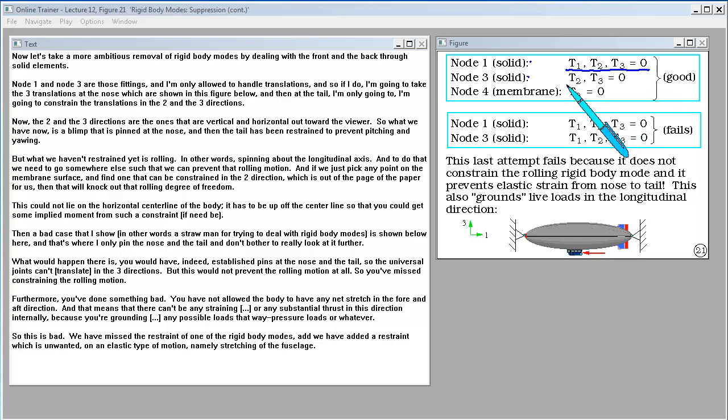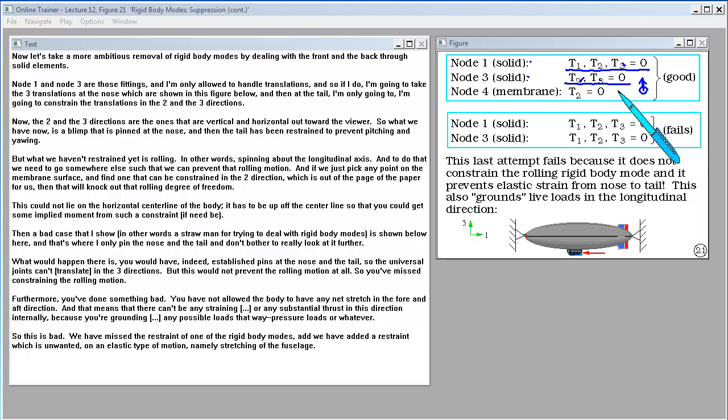And so I'm going to take the 3 translations at the nose, which are shown in this figure below, and then at the tail I'm only going to constrain the translations in the 2 and the 3 directions. Now, the 2 and the 3 directions are the ones that are vertical and horizontal out toward the viewer.